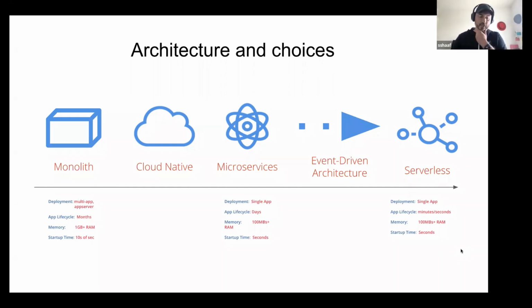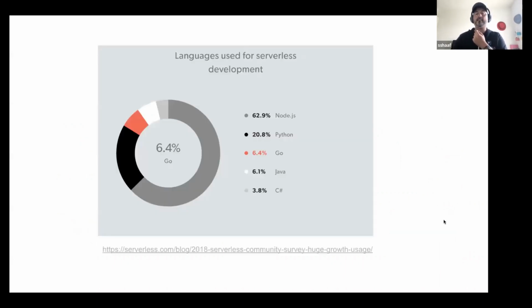And that has been a challenge for the last couple of years, with question marks across many different architectural choices that will be taken. And of course, if you look at serverless, and sorry for this survey being a bit old, but just to make the point, Java, when it comes to serverless runtimes, hasn't been up there.